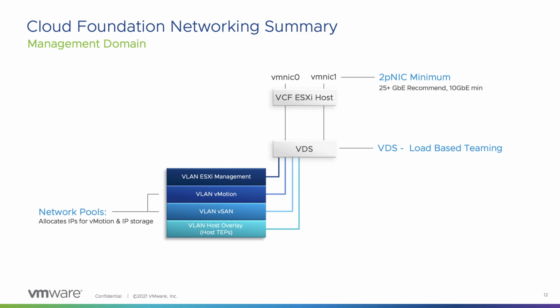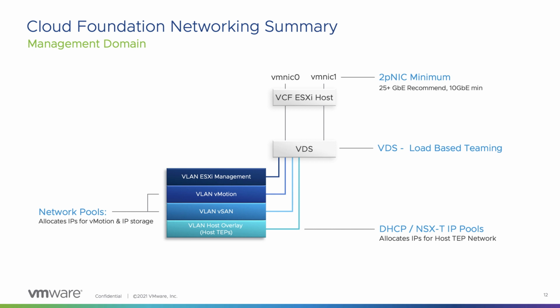The architecture and best practice configurations are fully documented in the VMware Validated Solutions collateral. Here we can see the core vSphere networks, management, vMotion and vSAN configured as VDS port groups. And IP address assignment for vMotion and IP storage is automated using network pools.